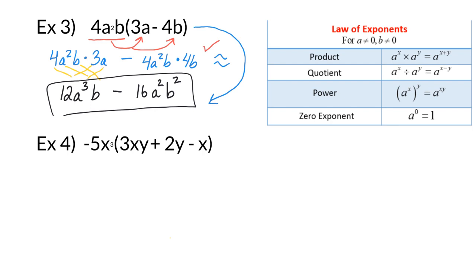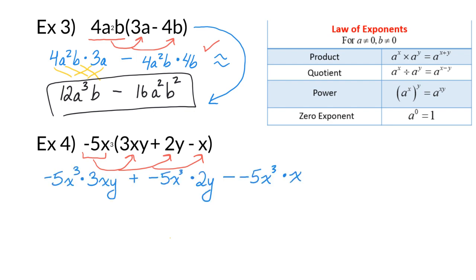Example 4 gives us a slightly more complicated example because now we have some positives and negatives inside and outside the bracket. I also have a monomial on the outside and a trinomial on the inside. So when I distribute, I have to do it 3 times. Here you'll notice some double symbols.